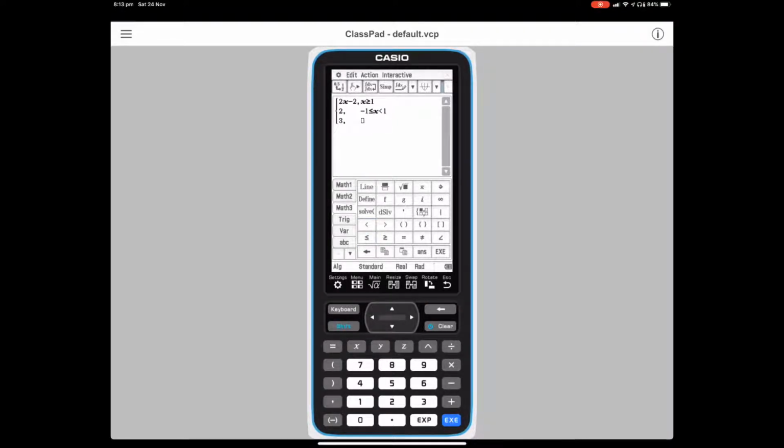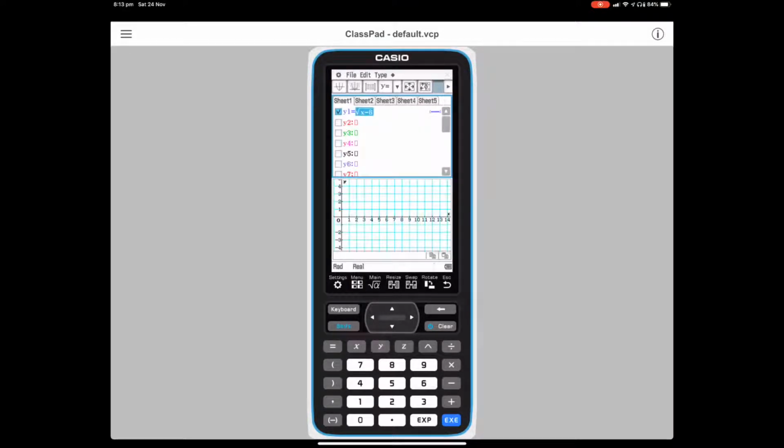And then here I could do x is less than negative 1, interactive define, and there's our function defined. We go into here, we put in f of x. Okay, so there's our function.